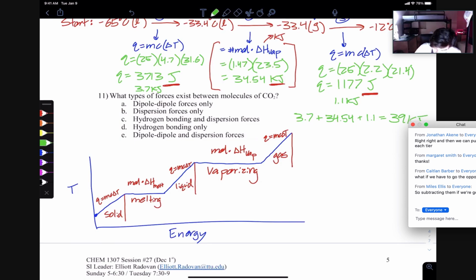So if we're going from this point as a gas all the way down, then whatever substance this is just loses energy. So it's the exact same math. It's just your final answer will have a negative sign. So that's basically heating curves.